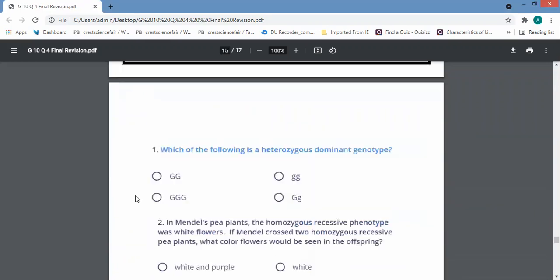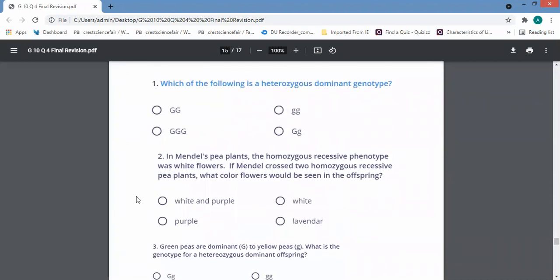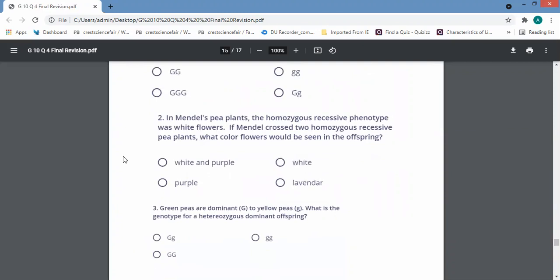Excellent. Which of the following is a heterozygous dominant genotype? The last one, G capital, G small. Excellent. In Mendel's pea plants, the homozygous recessive phenotype was white flowers.